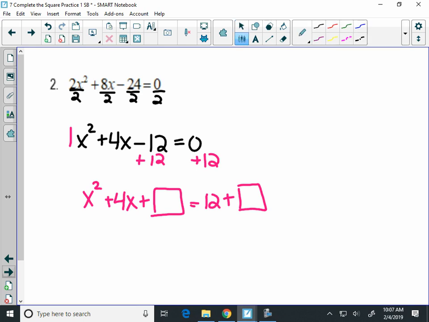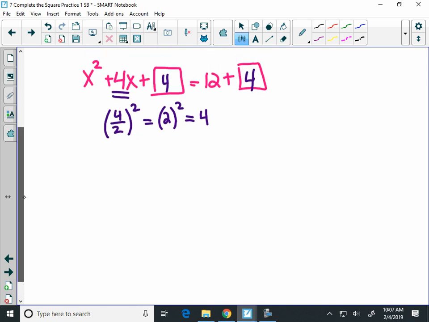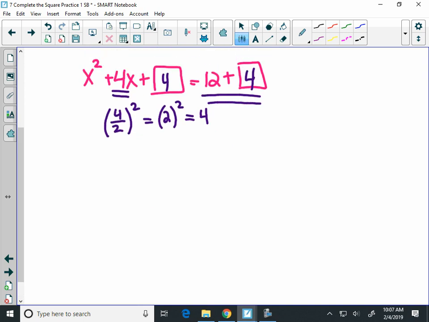Now, to fill in the box, again, we take half of this middle number and square it. Half of 4 is 2, and 2 squared is 4. So I put a 4 in both boxes. What you then have on the right-hand side is 16.